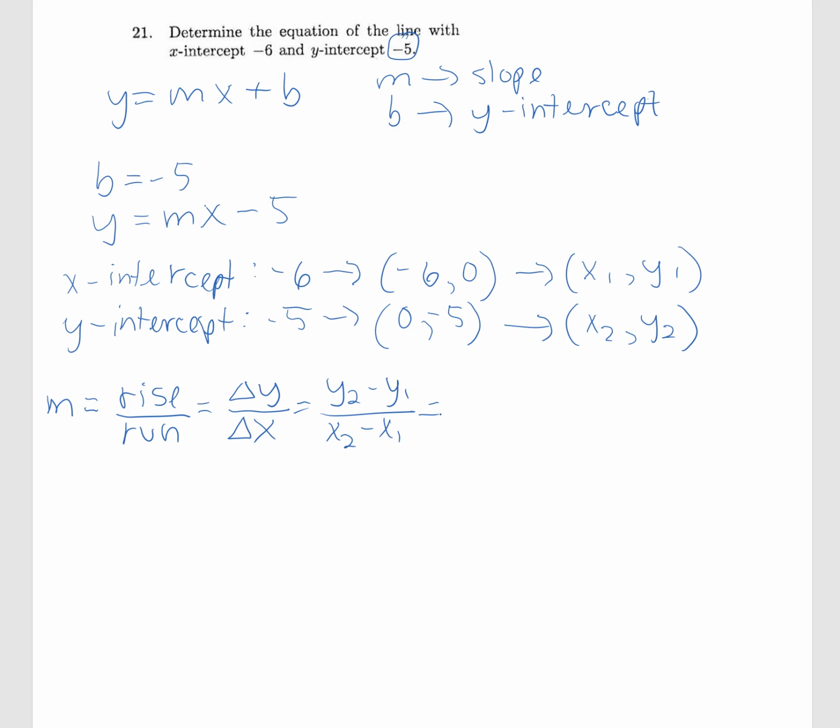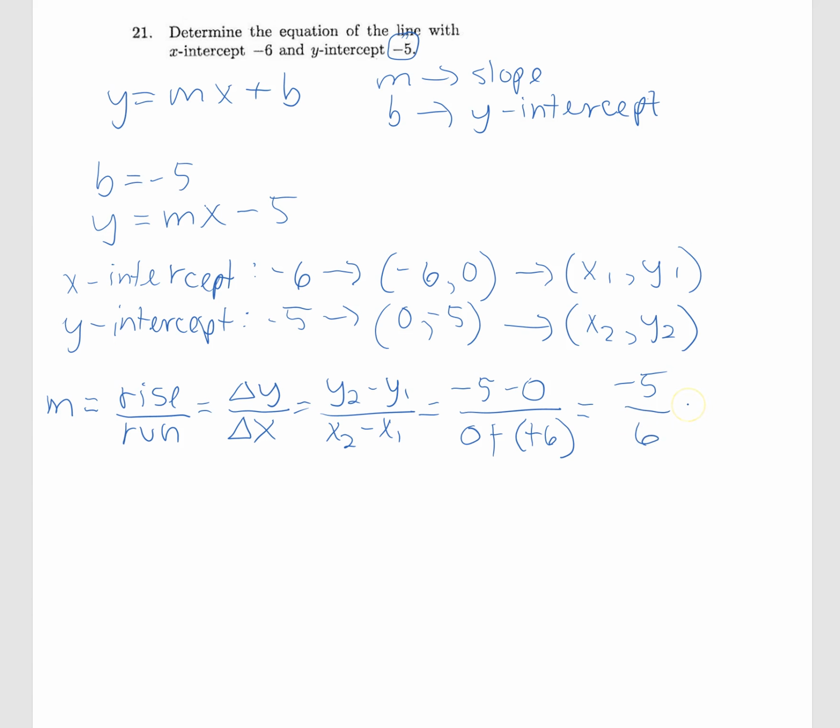So now I'm just going to plug in the values we have for y2 and y1 and x2 and x1. So y2 is -5. We have -5 minus 0 on the top. x2 is 0, and we're subtracting x1, which is -6. So -5 minus 0 is just -5 on the top, and 0 minus a -6 ends up being plus a positive, so we have +6 on the bottom.